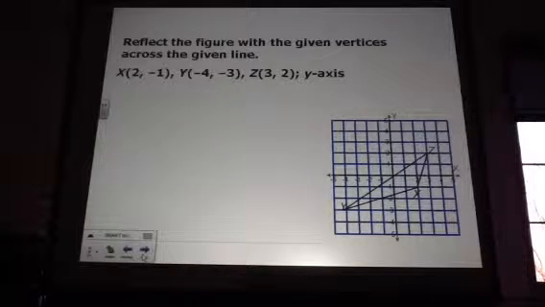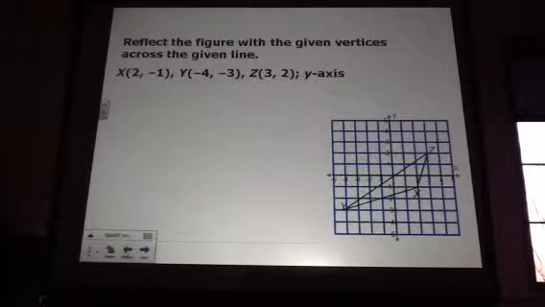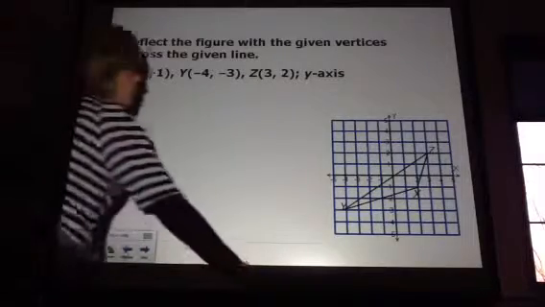Okay, reflect the figure with the given vertices across the given line. And we are going across the y-axis. I don't have that one done for you, so I have to do it with you. I'm going to start with the rule.